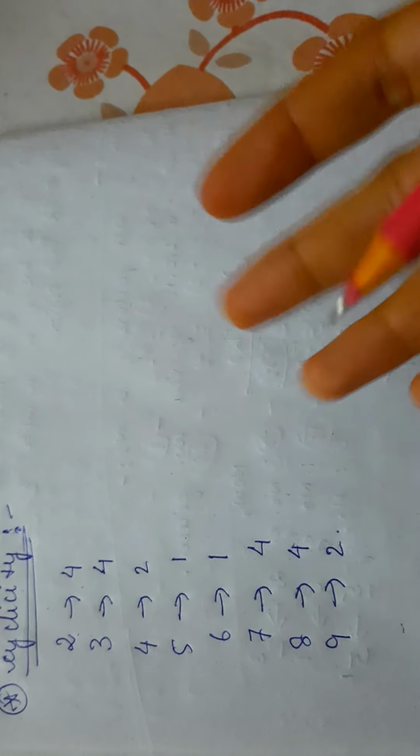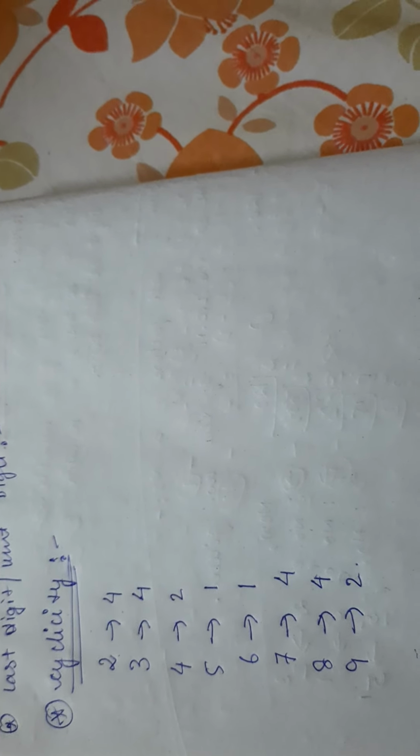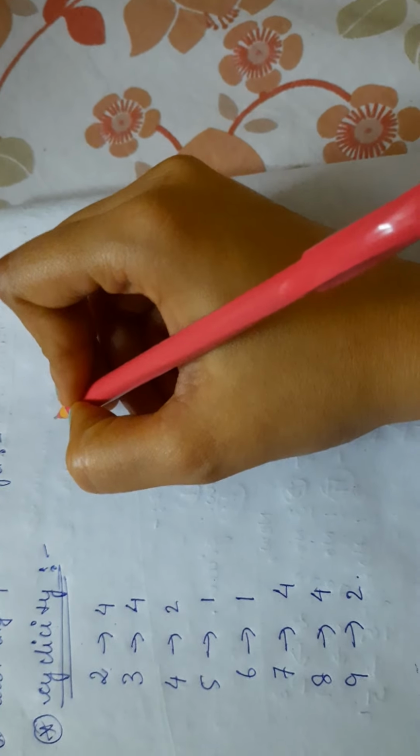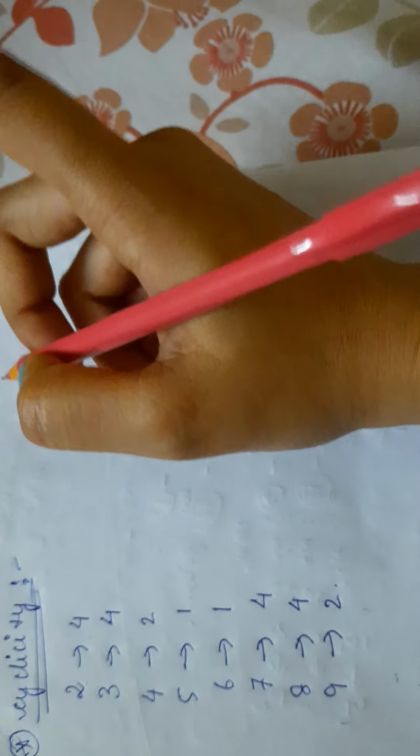Now it's important to understand how we are getting the cyclicity. For newcomers or beginners, the question arises: what is cyclicity? Cyclicity is basically repetition. For example, I'm showing you for 2. The cyclicity of 2 is 4.